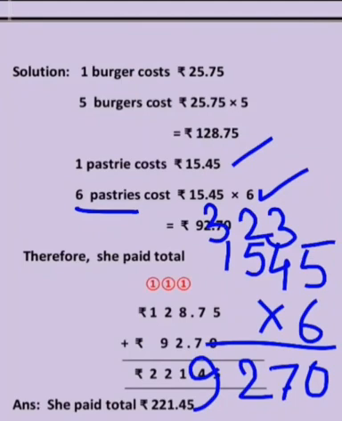Now come to the multiplication of money. As it is the chapter of money, we have to put the unit first, the rupee symbol. Next you have to put the decimal before 2 digits from the right hand side. So our answer is 92.70.